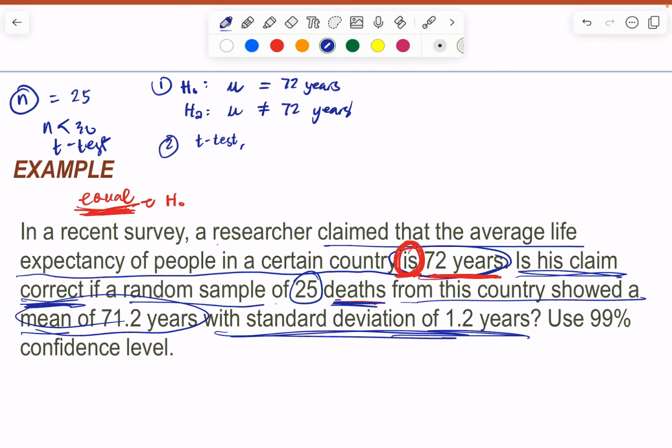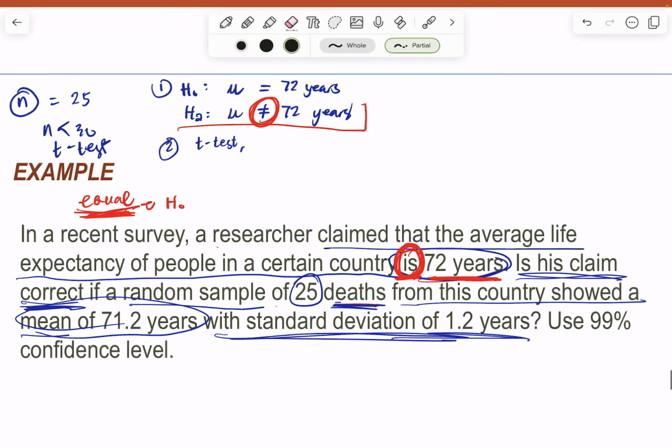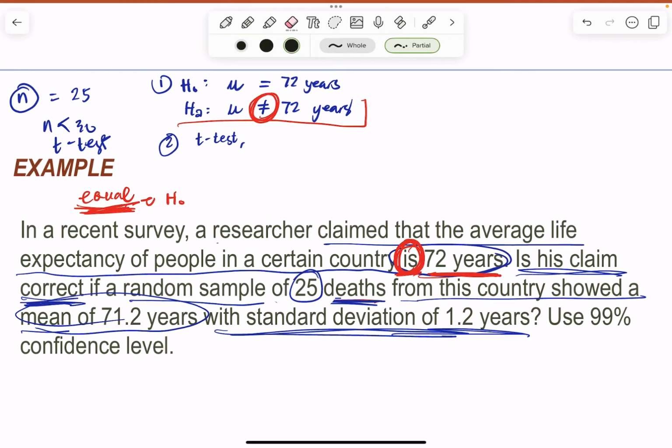So, let's look at the alternative hypothesis. Unsa yang symbol na diri? Inequality sign. So, if nin-ana ang atoang symbols alternative, that means it is two-tailed. Okay, so butang nato diri two-tailed.